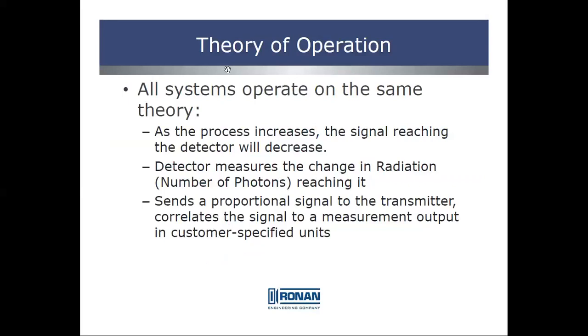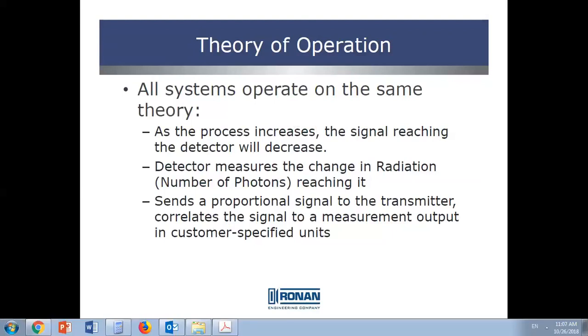So the operation theory is the same for all systems, whether it's density, weight, or level. As the process increases, the signal reaching the detectors will decrease. The detector measures the change in radiation, or the number of photons it's seeing, and sends that proportional signal back to the transmitter.